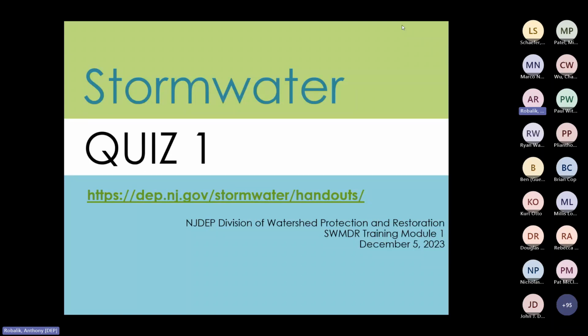My name is Anthony Roblick, and I'm with the Municipal Stormwater Engineering Unit at the DEP. This is going to be quiz 1, and as was mentioned earlier, there's going to be a quiz administered at the end of each of the modules. And since the course is organized over 4 modules, we'll have a total of 4 quizzes.